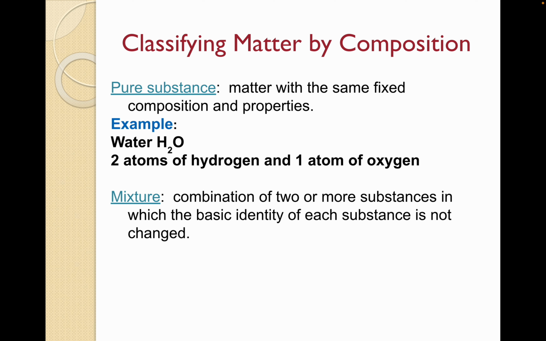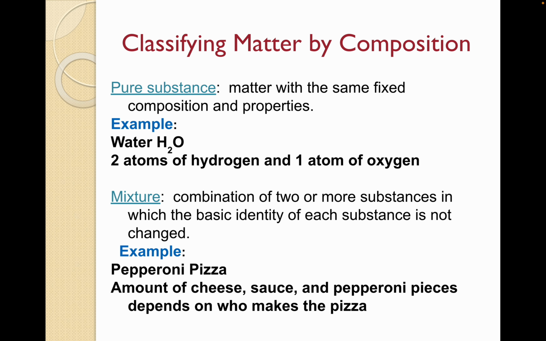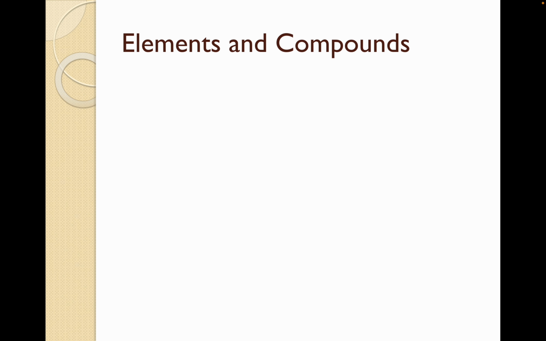A mixture is a combination of two or more substances in which the basic identity of each substance is not changed. For example, pepperoni pizza. A pepperoni pizza is not just one thing. You need a bunch of things to come together to make that pizza, right? And there are going to be different amounts of each thing too. The amount of cheese, the sauce, the pieces of pepperoni, that depends on who's making the pizza. That's not a pure substance. So that's what's going on between a mixture and a pure substance.